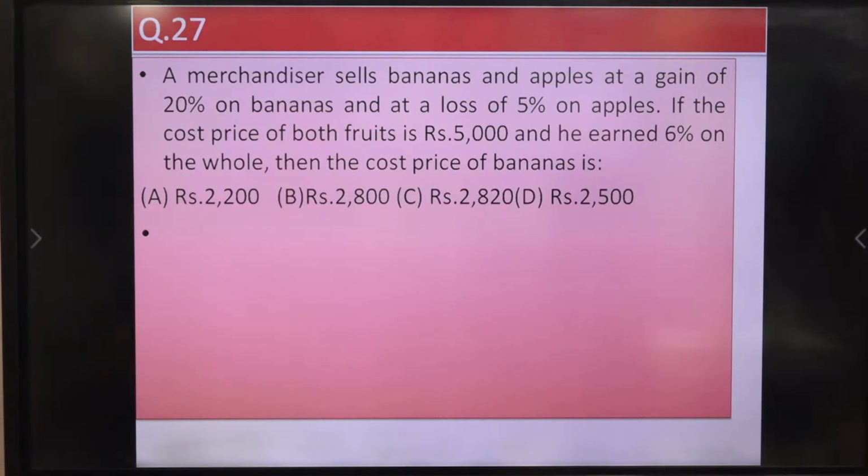Asthami, Sonu, Hemlata, Hema Mehra, anyone? Ritesh, did you get the answer of this question?